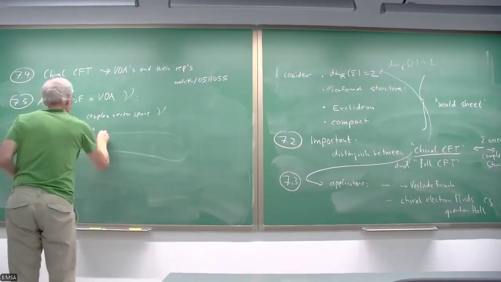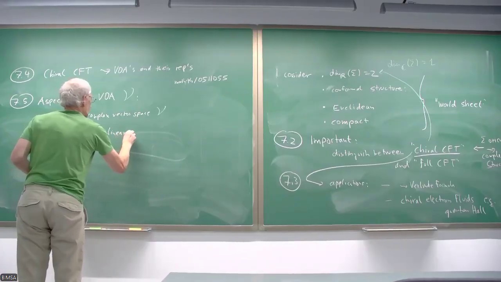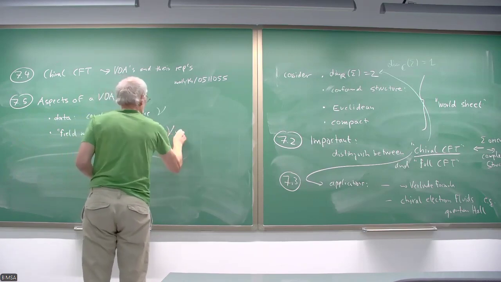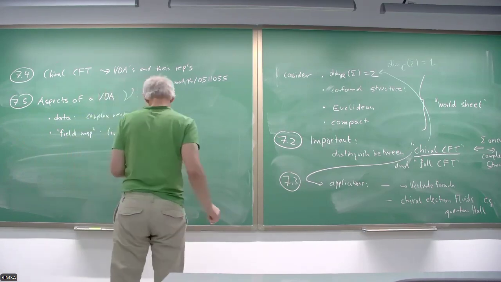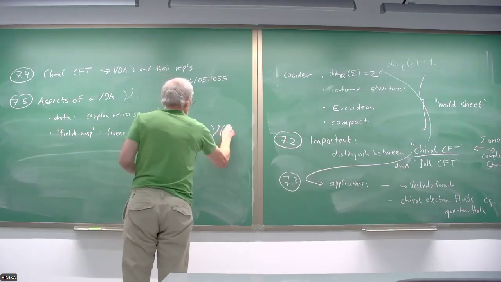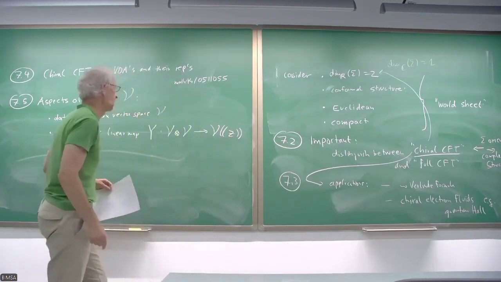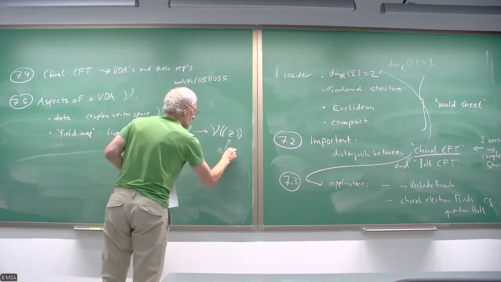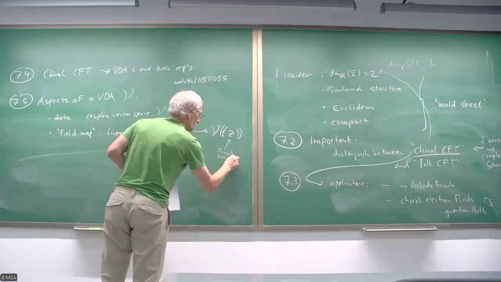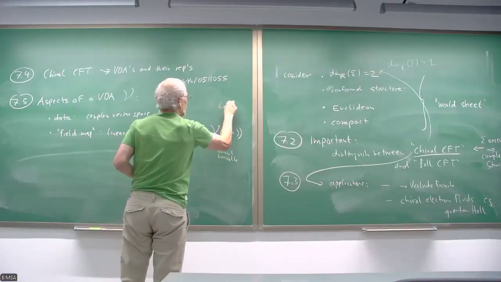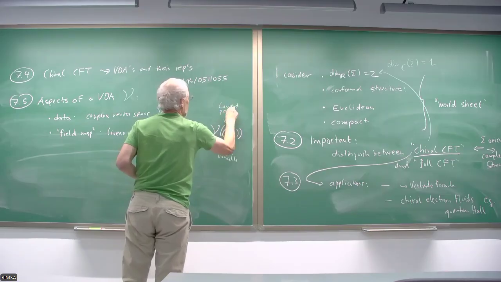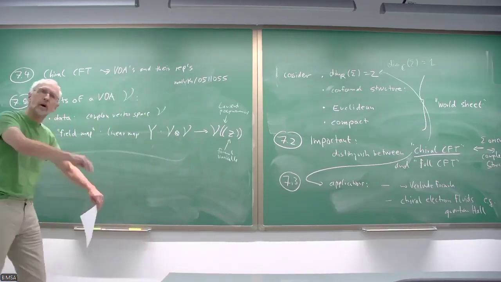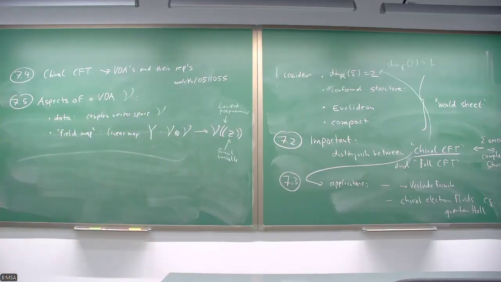So this is a linear map, let's call it Y, from the tensor product over C of V with itself to V with this symbol here, where z is some formal variable. And this notation here means that I talk about power series in z and z inverse, which are bounded below.